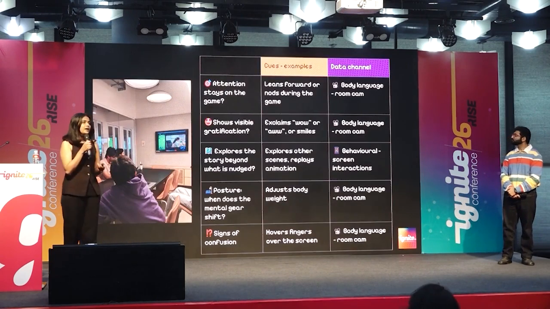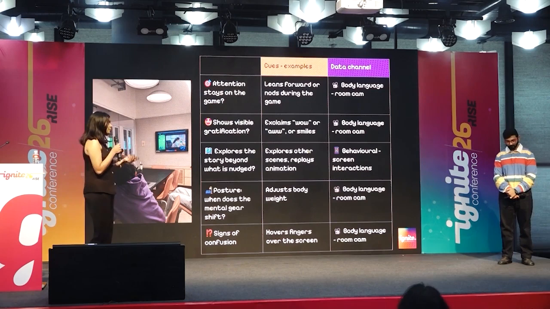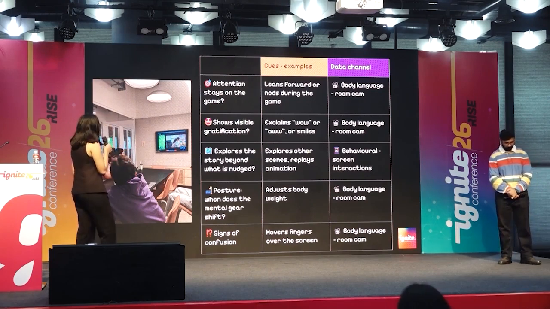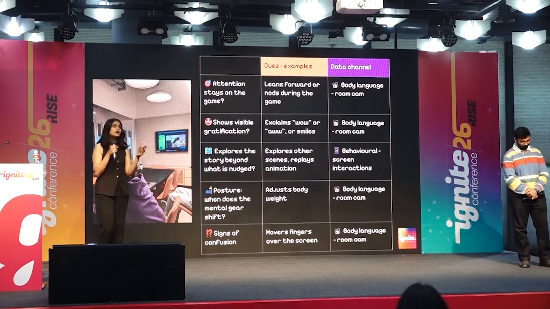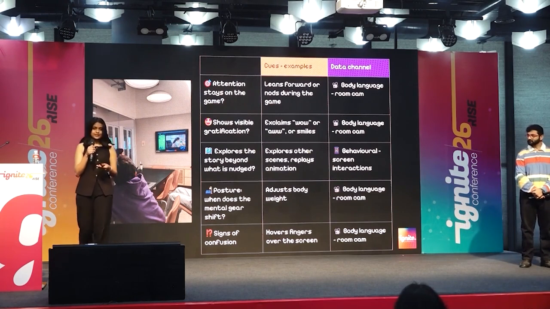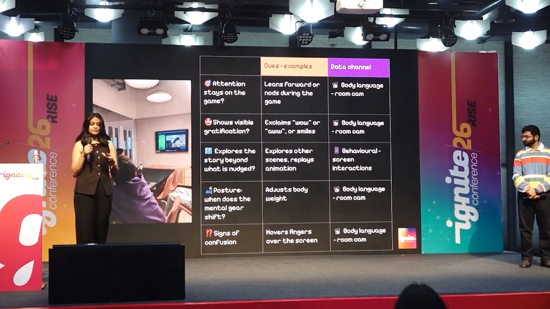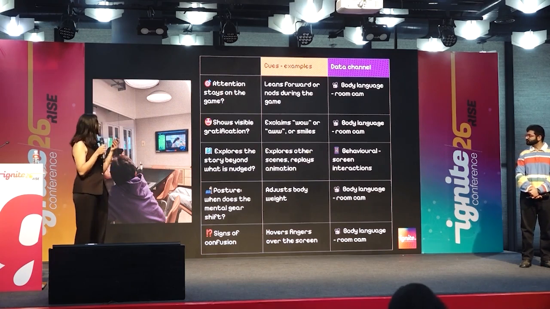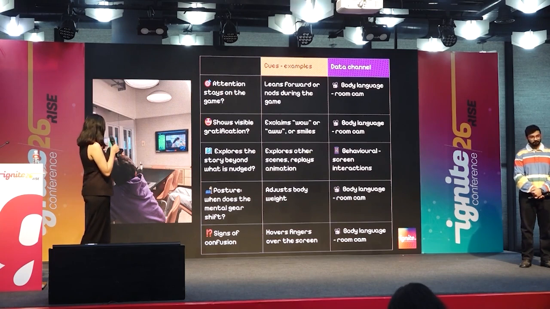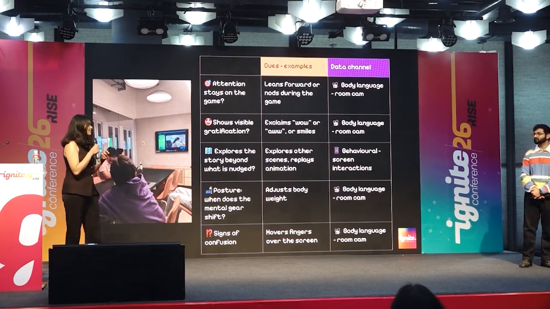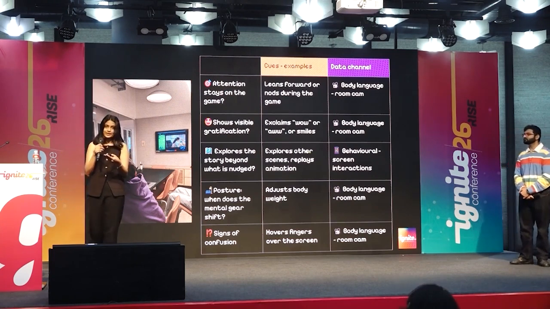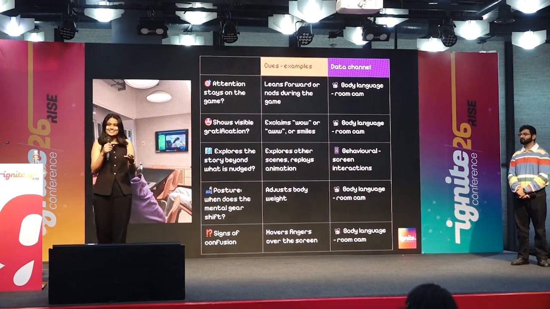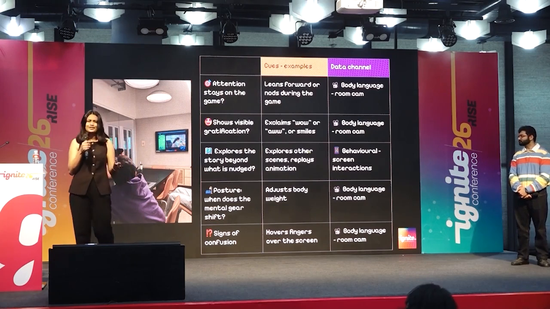When we said we analyzed emotional cues, we measured the entire experience through multiple touch points. We looked at data channels, which would be body language, room cam, and behavioral screen interactions. We would see, when the narrative comes in, are they reacting? Do they exclaim, oh, it's cute, or do they not react at all?